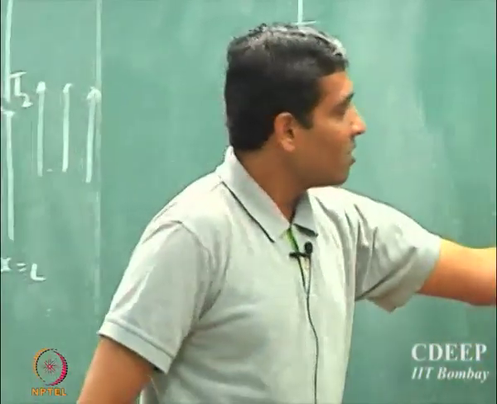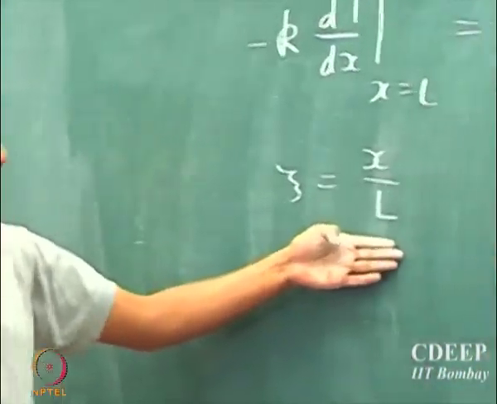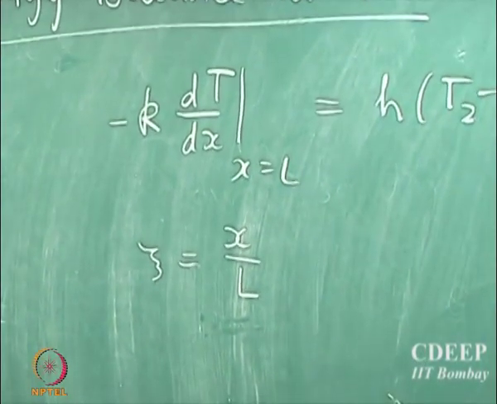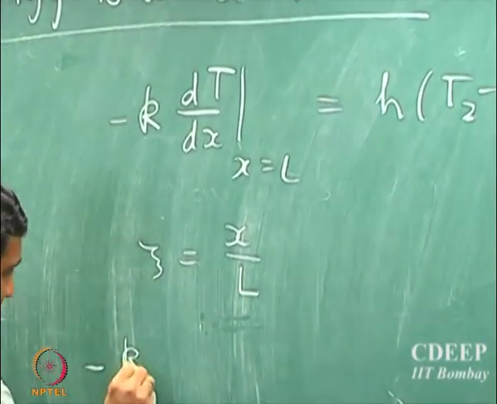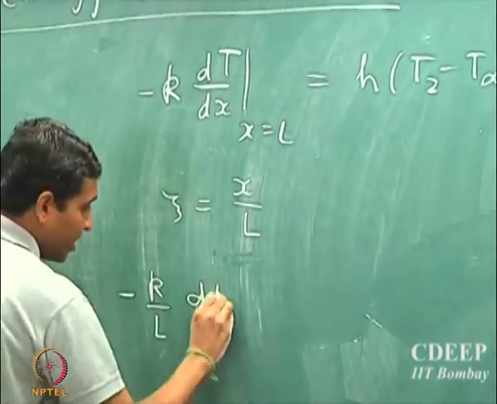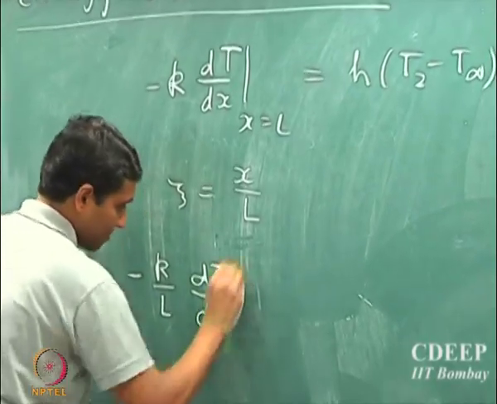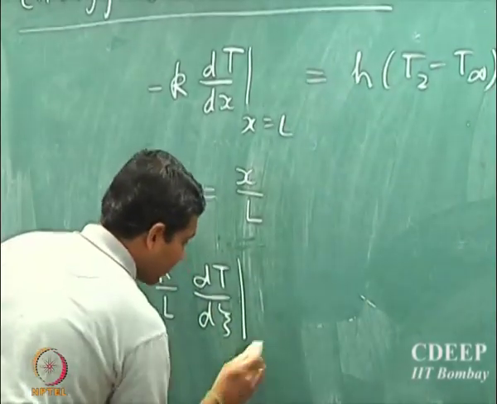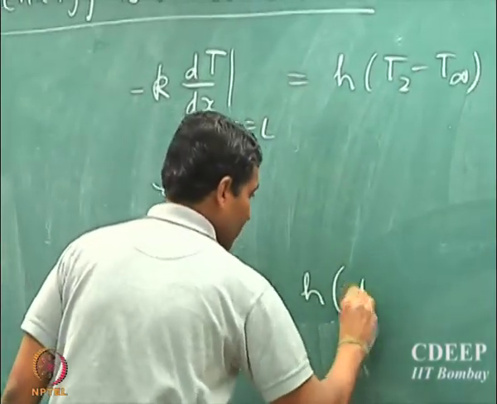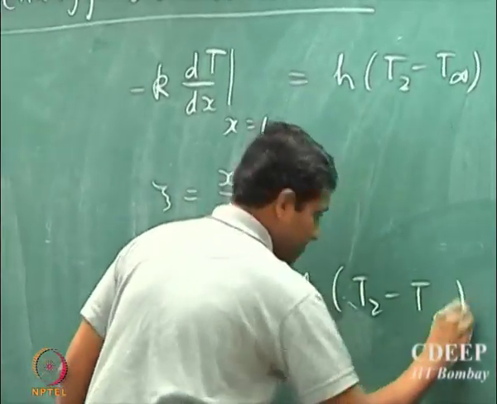So let us now define a new variable z and set x by L as that quantity, and so I can put that here. So it will be minus k divided by L into dT by dz at z equal to 1, that's equal to h into T2 minus T infinity.